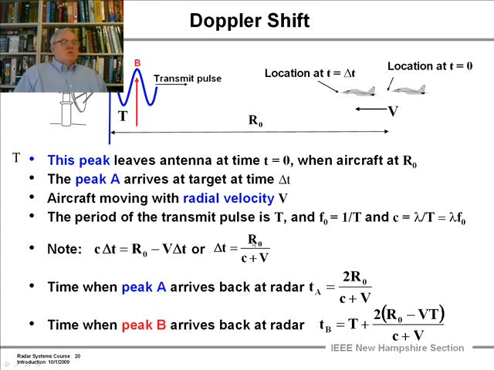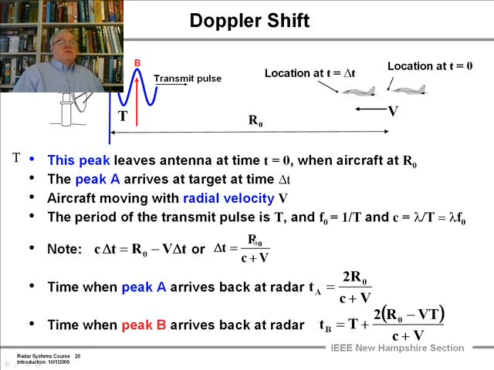So we have these relations which are straightforward. And we note that C times the change in time is going to be the relationship between the distance of the target at this arbitrary point after it has moved in delta t, which will be C delta t, which is R0 minus the velocity times delta t.